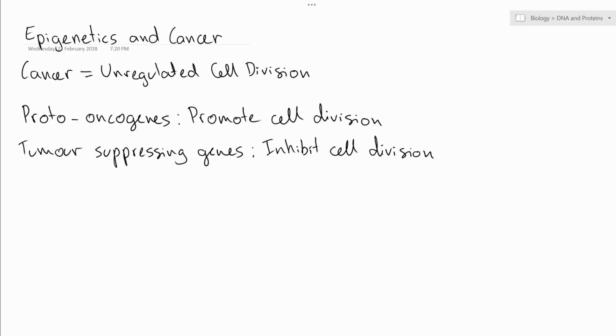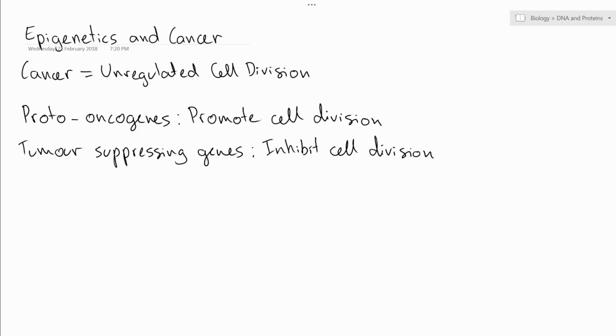So essentially, if we have epigenetic factors that are influencing proto-oncogenes by activating them and having too many of them being expressed, then we get this rapid promotion of cell division, which can lead to unregulated cell division and then cancer. What we could also see is epigenetic factors could undesirably silence too many tumor suppressing genes.